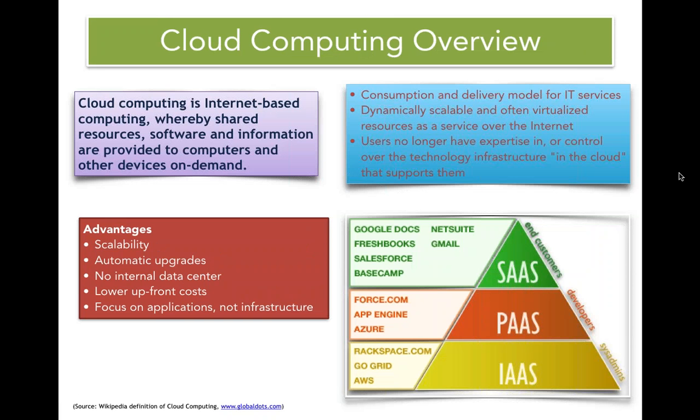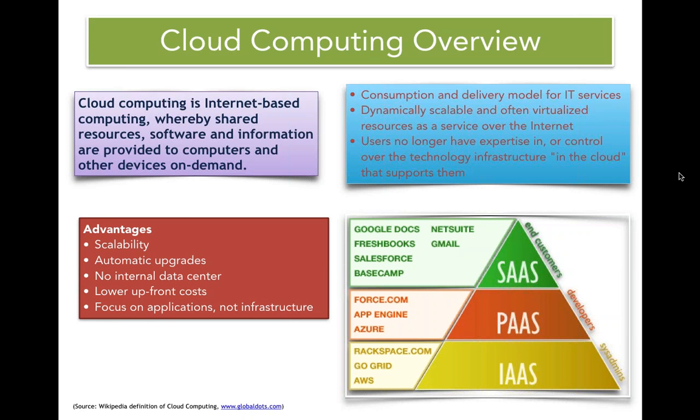So let's start. What exactly is cloud computing? Cloud computing is internet based computing whereby shared resources, software, and information are provided to computers and other devices on demand. This is a pretty bookish definition, a bit difficult to remember.